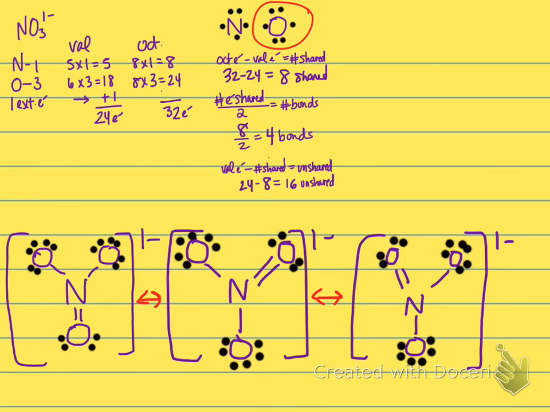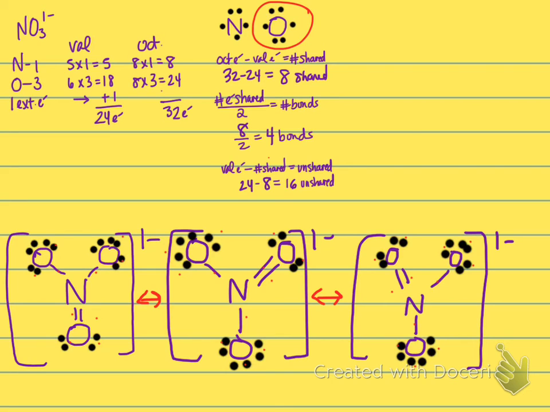Hey, guess what? We've covered all the possibilities. We have shown the double bond in this position, and this position. Let's double check that we haven't overloaded any of our oxygens. 2, 4, 6, 8 for each oxygen.